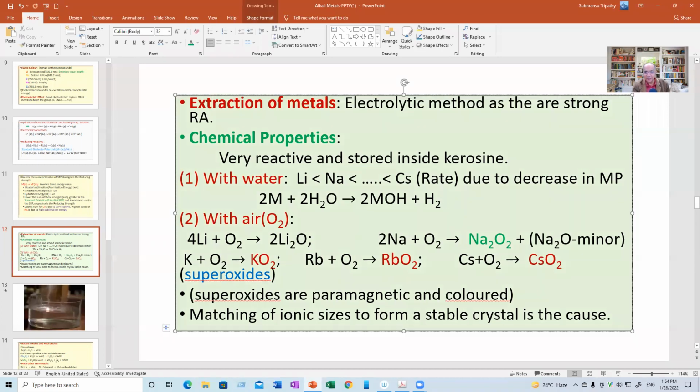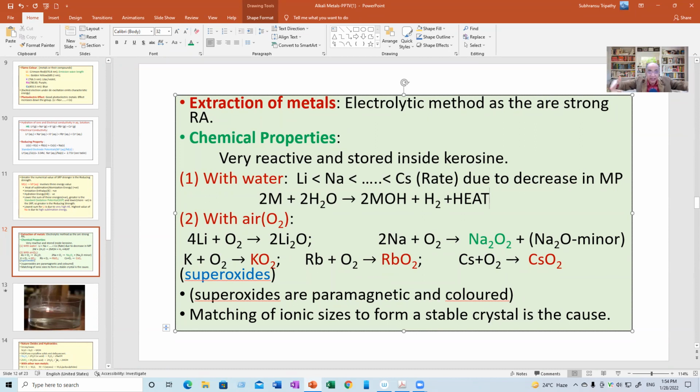I have not mentioned it here, but a lot of heat is released. And that heat immediately melts the metal. And the metal spreads. Once it becomes a liquid, it spreads throughout the surface. And the more the surface area, the more is the reactivity.